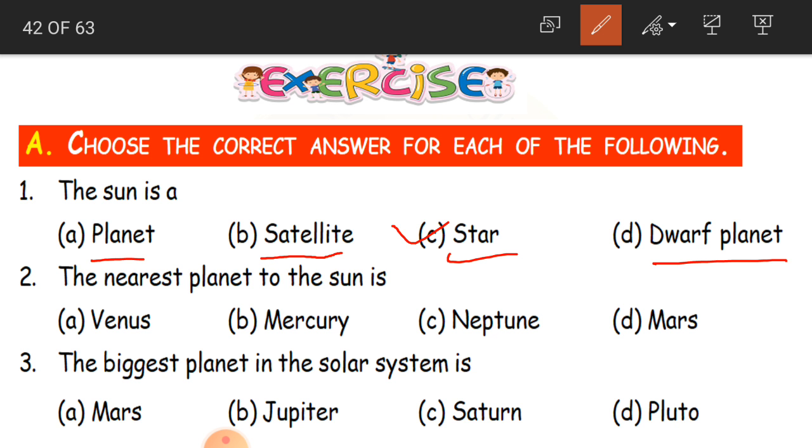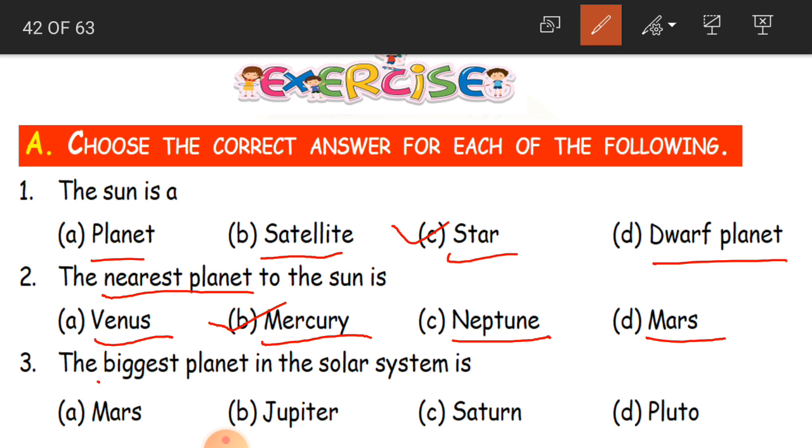Okay children? Now the second one, the nearest planet to the sun is Venus, Mercury, Neptune or Mars? So the nearest planet to the sun is Mercury, children, which is very near to the sun.